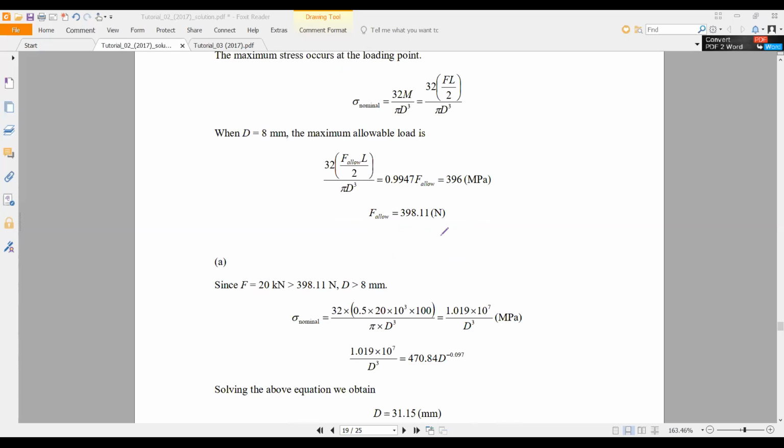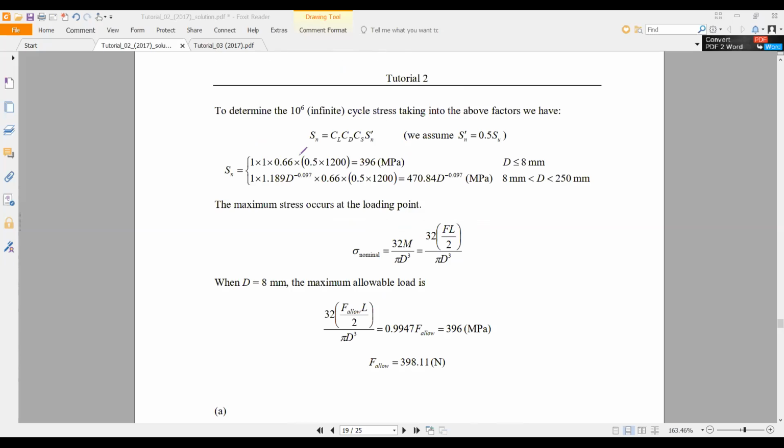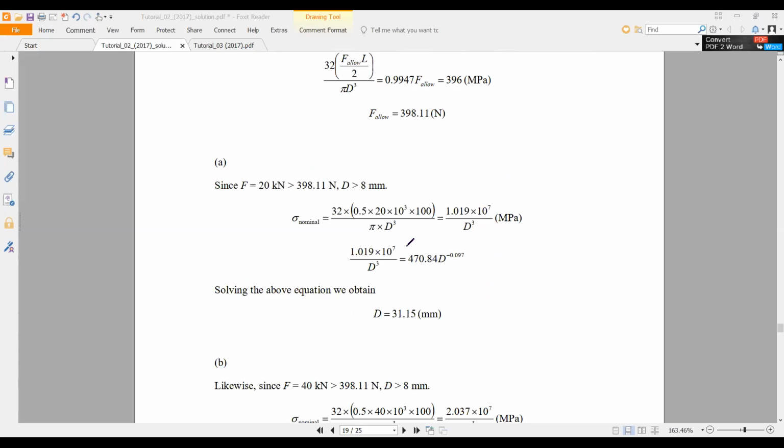So the first case is eliminated now. So we need to deal with this one, above 8 millimeter. Then use those equations and find out the diameter.